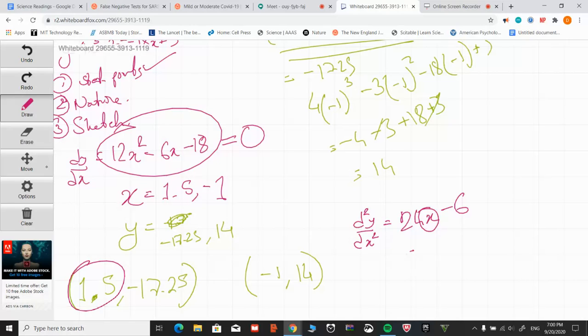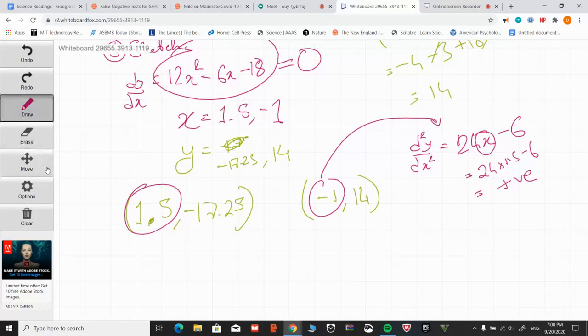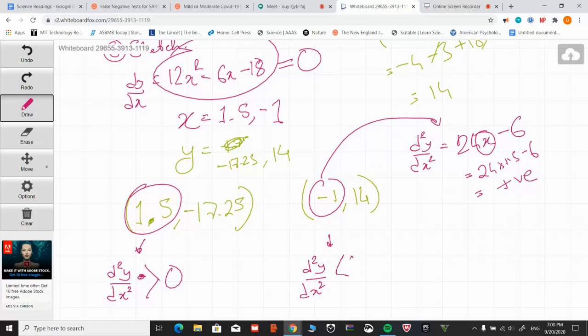So obviously 24 into 1.5 minus 6 is going to give me a positive value. আবার এইটা যদি বসাইতা নেগেটিভ ভ্যালু পাইতা. সো এই ক্যালকুলেশনটা দেখাইতে হবে তোমার ওয়ার্কিং এ। So I've just figured that d square y by dx square is equals to a positive number for this, and d square y dx square is a negative number for this.